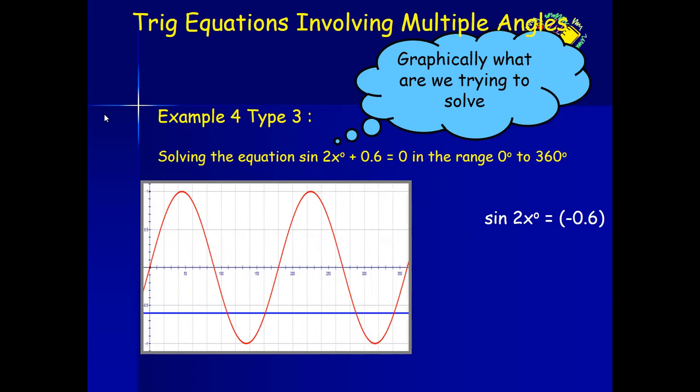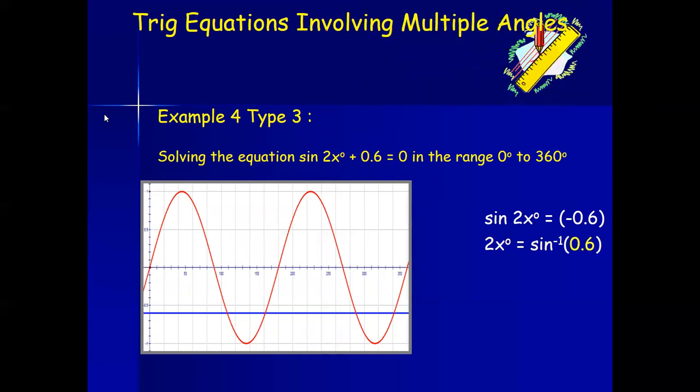So if I do sine 2x equal negative 0.6, how many answers am I looking for here? 1, 2, 3, 4, yeah. Because we've got two periods. So how do we get to the answers? We can use CAST again to help us. Okay.